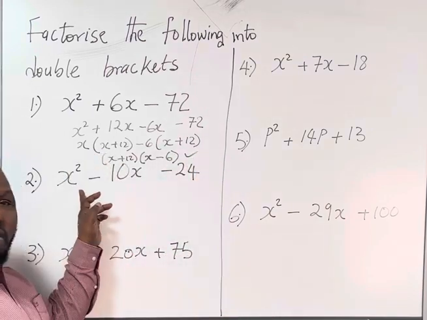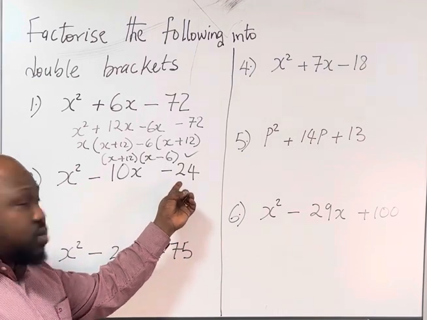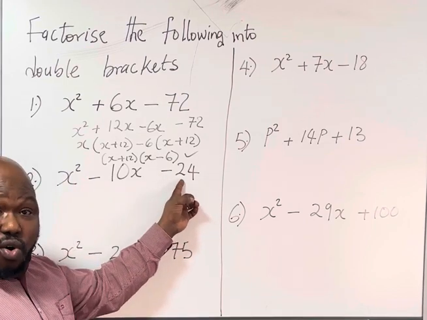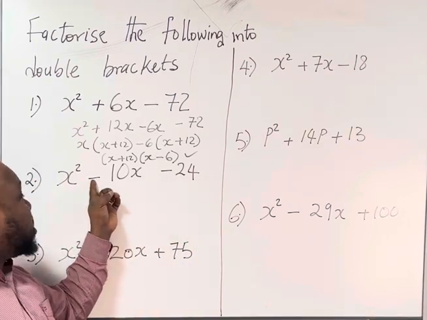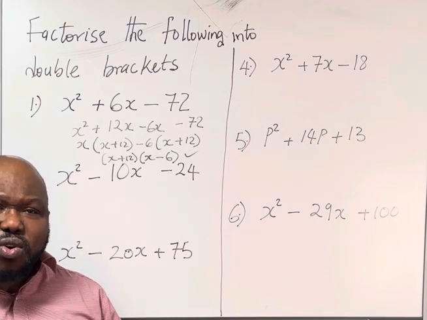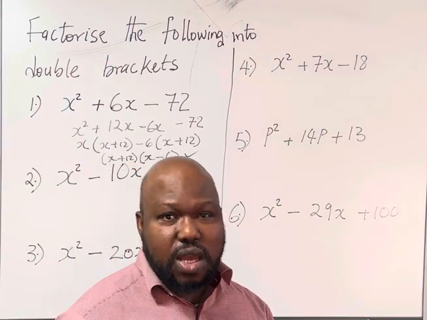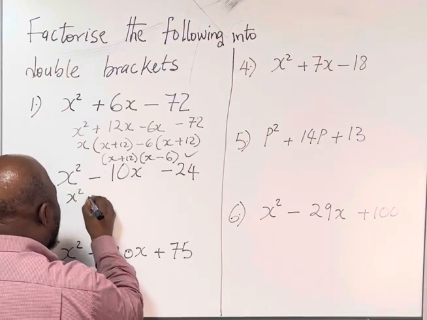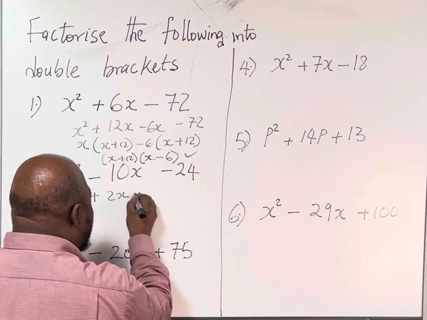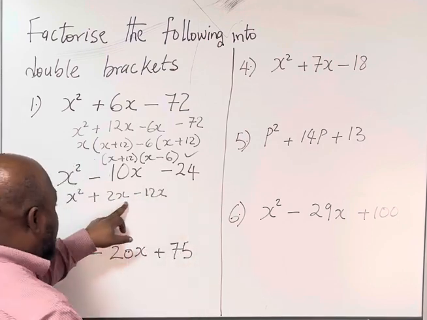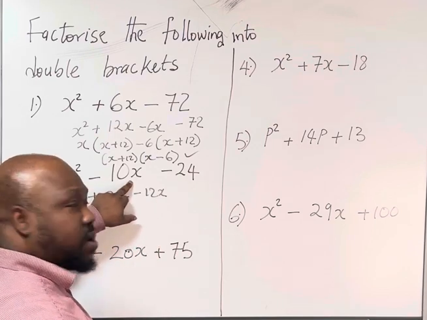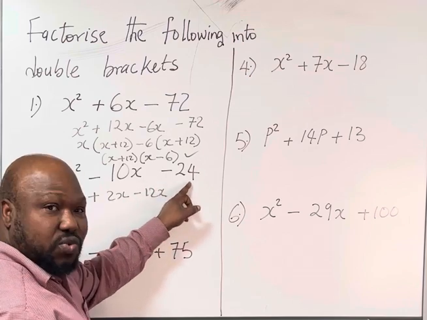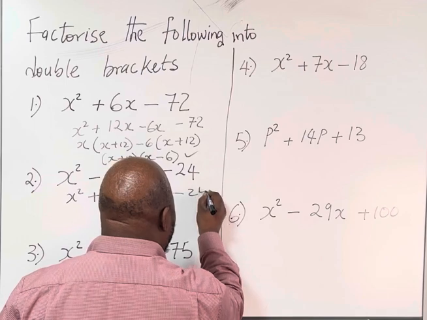Now let's look at the second one. We again look for two numbers that when we multiply them together give us minus 24, and when we add them together give us minus 10. If we consider minus 12 plus 2, that is minus 10, and 2 multiplied by minus 12 is minus 24, which means we are on the right track.